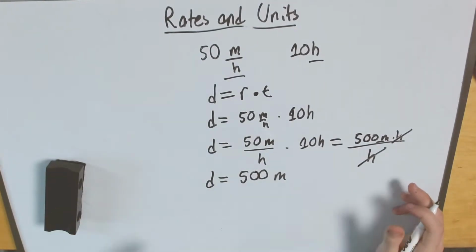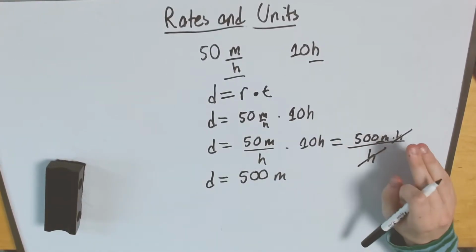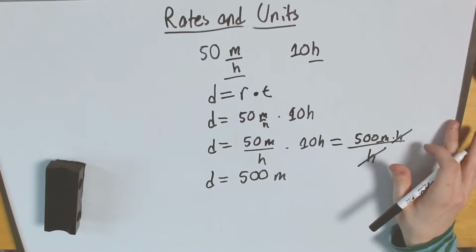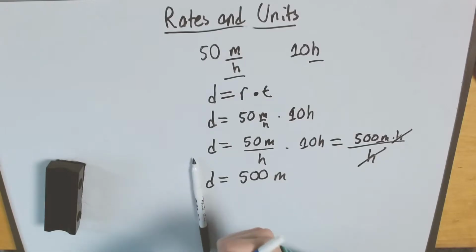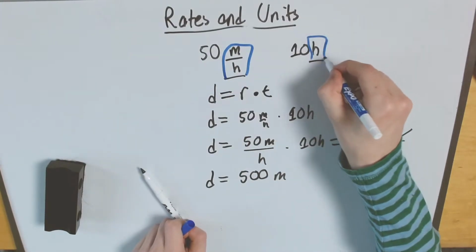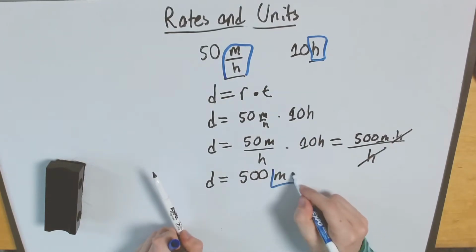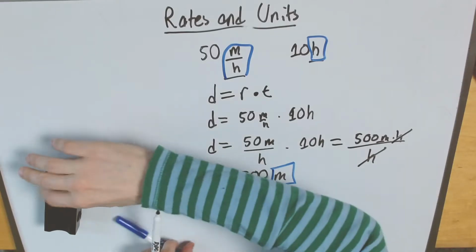And that's kind of the magic of working with rates and units. If you work with them in the right way and you do the right operations, you can transform values that are given in one set of units into exactly the unit you want. Today, we're going to go over that.